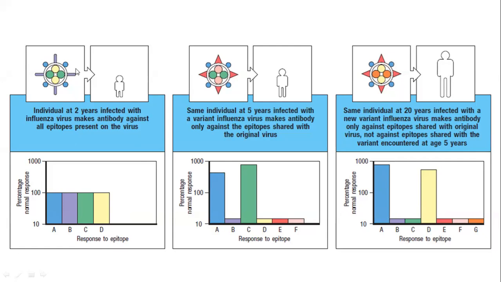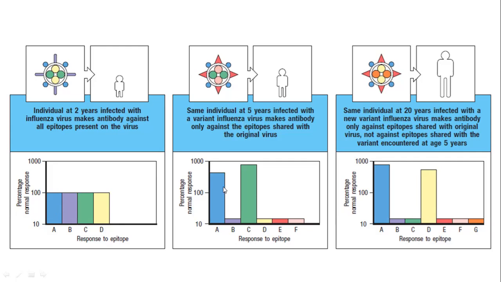Here we are trying to show the concept of specificity, of how the immune system responds to a particular antigen on re-exposure, with a primary, secondary, and tertiary exposure. This individual, once exposed to a variant virus, is only able to produce immunoglobulins against the epitopes that were present in what we call the parent variant.